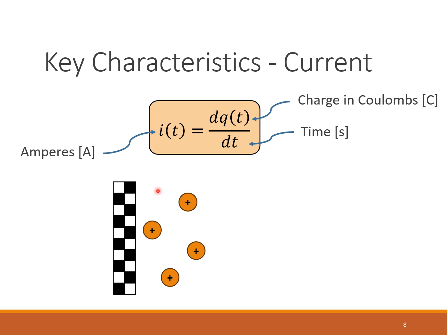So if we had negative electrons creating that same current, they would be moving from right to left, in the opposite direction. Typically, we don't have to worry about that, but it is worth noting that our conventional current is in the opposite direction of electron flow, and that's unfortunately thanks to an incorrect guess by Benjamin Franklin, where he assumed that our current was due to positive charge carriers.